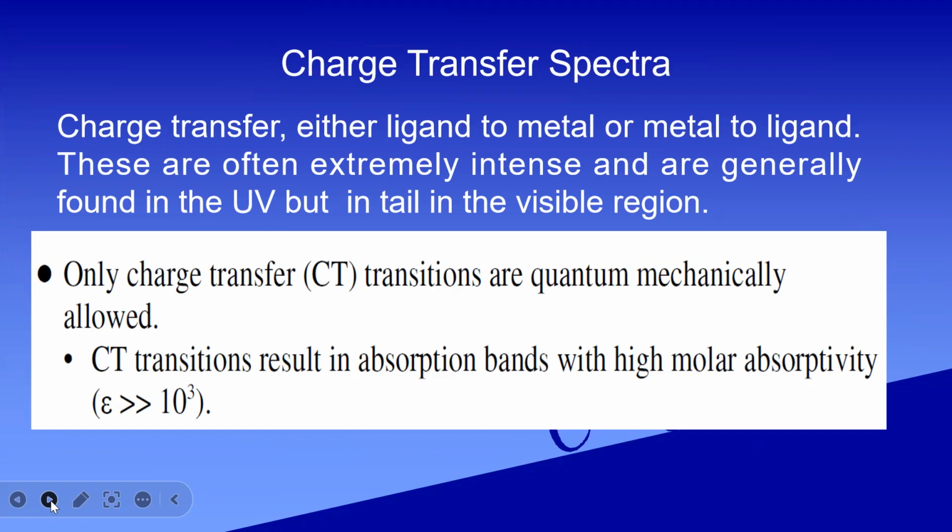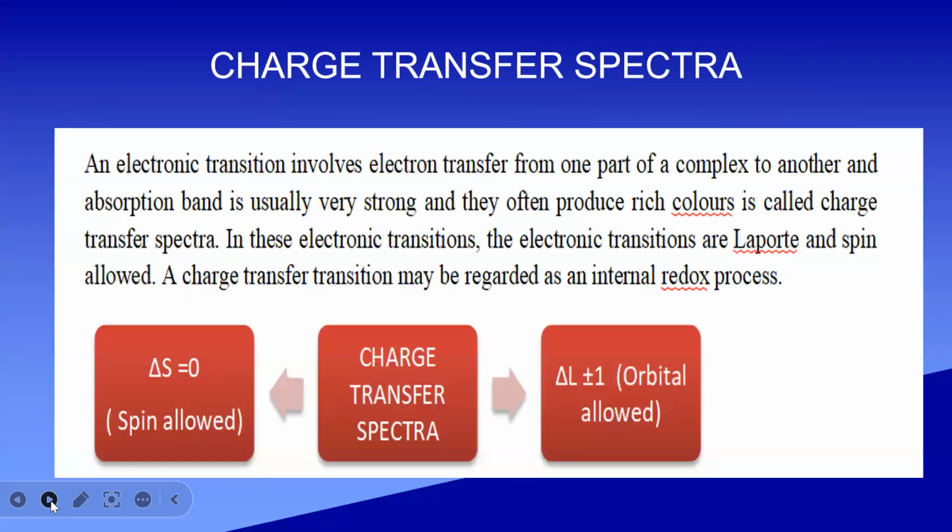They are often extremely intense and are generally found in the UV, but tail into the visible region. The CT transitions are quantum mechanically allowed, and as a result, give absorption bands with high molar absorptivity.